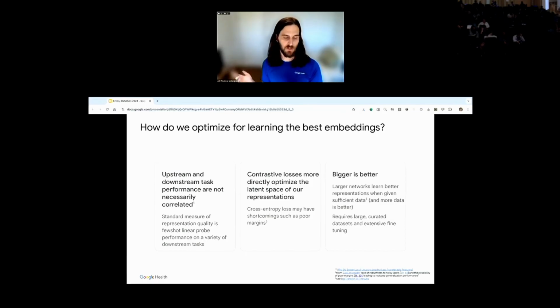So if you trained a model only on one specific task like pneumothorax, it's probably not going to be very good at a lot of other different tasks. So how do you design this upstream task that's going to be somewhat guaranteed to do well on all these different tasks? It's really challenging, particularly when you don't know what the tasks are.